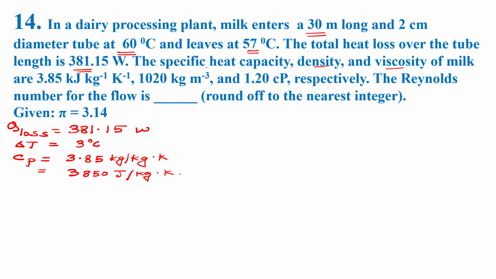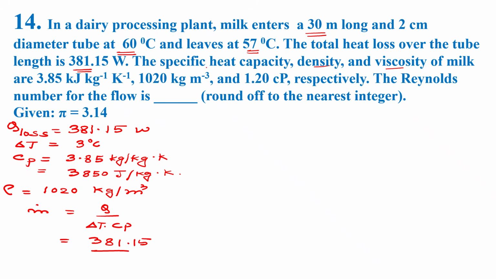So we'll just calculate the mass flow rate over here. It is m dot. We know the formula of mass flow rate, that is Q by delta T Cp. We'll put the values. Q is 381.15 by delta T is 3 into Cp 3850. So we'll get the value as 0.0330 kg per second.